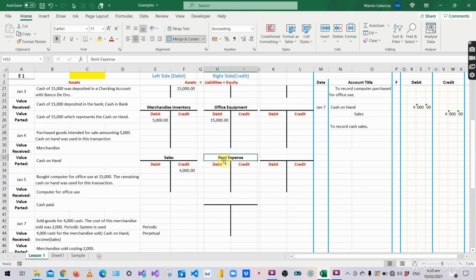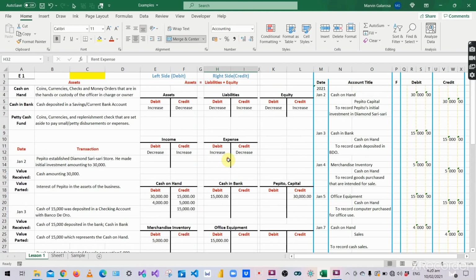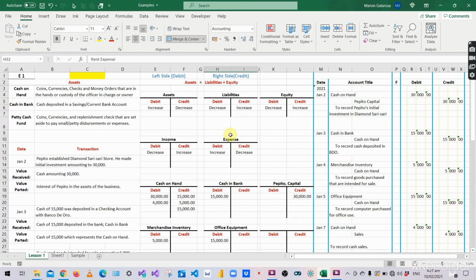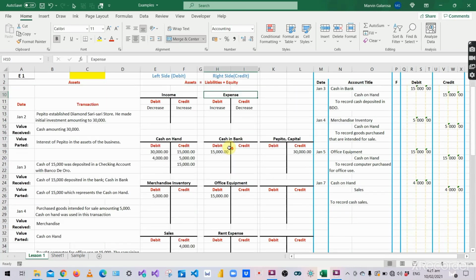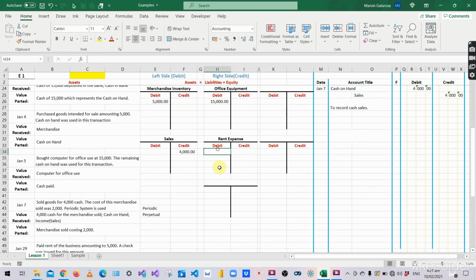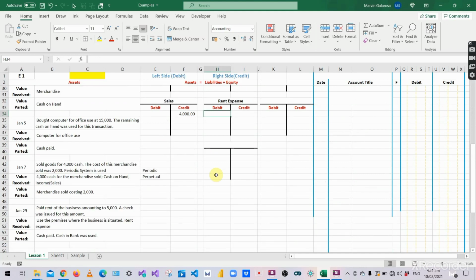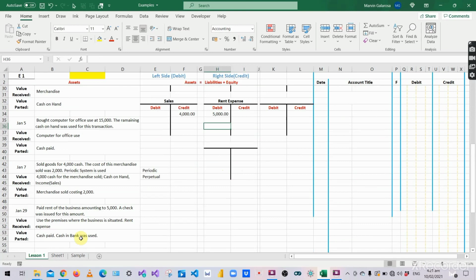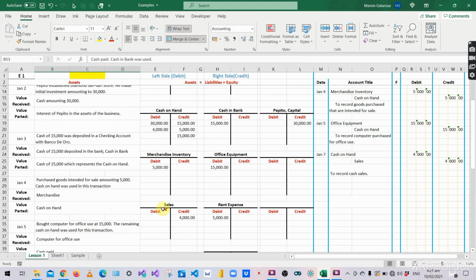Ang increase sa rent expense ay recorded sa debit side. Since rent expense is under ng expense, so, lagay natin sa debit side yung 5,000 pesos. Then, nabawasan naman yung ating cash in bank.